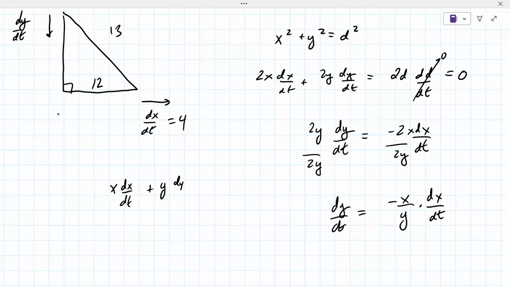And then I just moved everything over at the end. Okay, you still get the same thing. You still should get minus x over y dx/dt. So take a look at that. All you're doing is subtracting x dx/dt from both sides and then dividing by y.